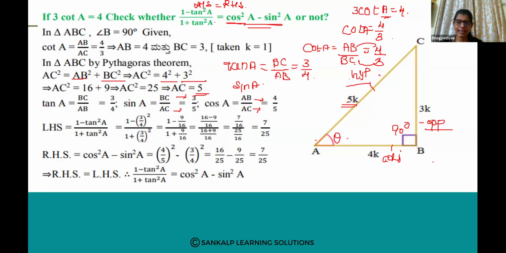Next, first we'll take the LHS part. 1 minus tan square A divided by 1 plus tan square A. Tan A value is 3 by 4, so it is 1 minus 3 by 4 whole square, divided by 1 plus 3 by 4 whole square. 1 minus 9 by 16, divided by 1 plus 9 by 16.